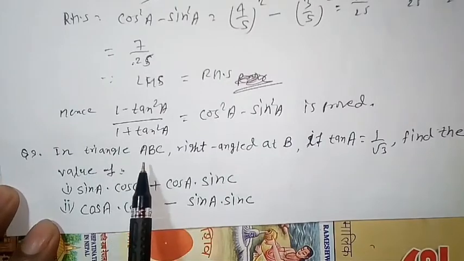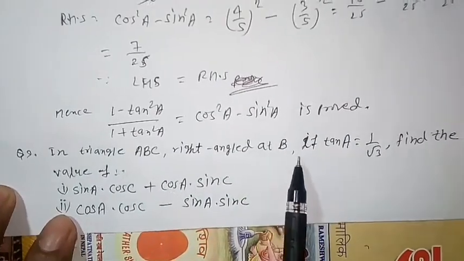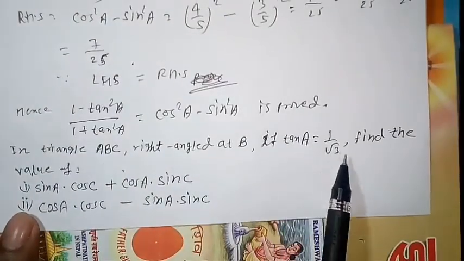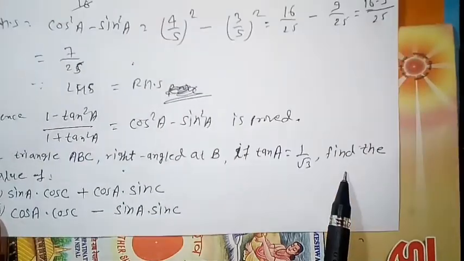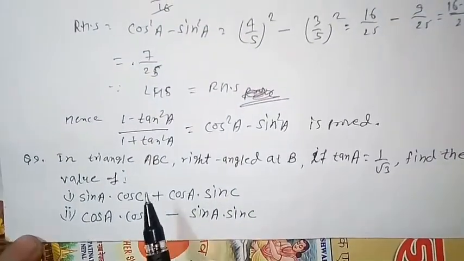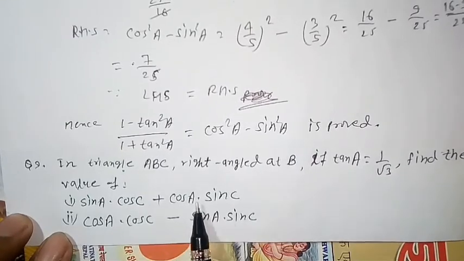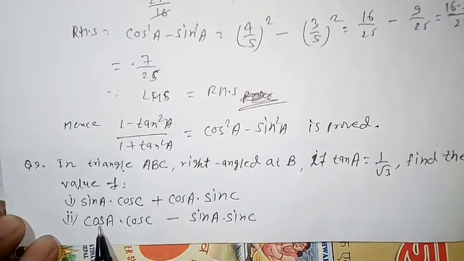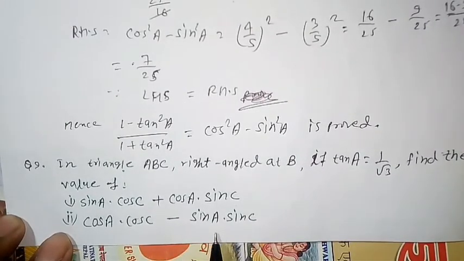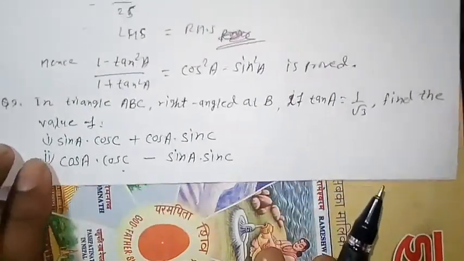In triangle ABC, right angle at B, if tan A is equal to 1 by root 3, find the value of sin A into cos C plus cos A into sin C, and cos A into cos C minus sin A into sin C. Okay, solution.